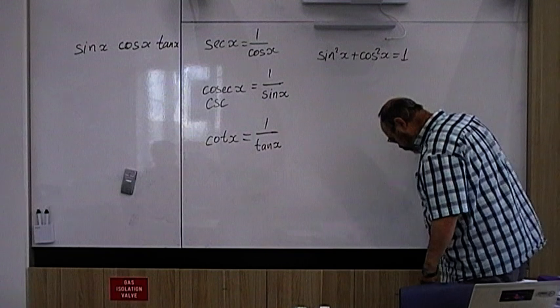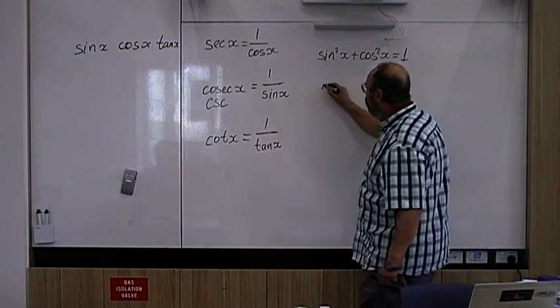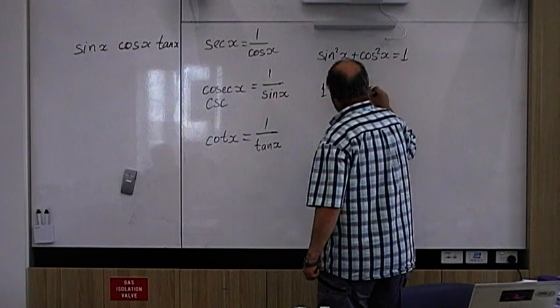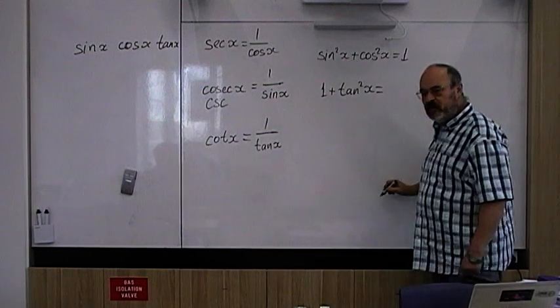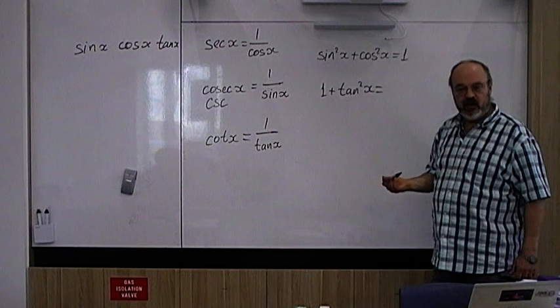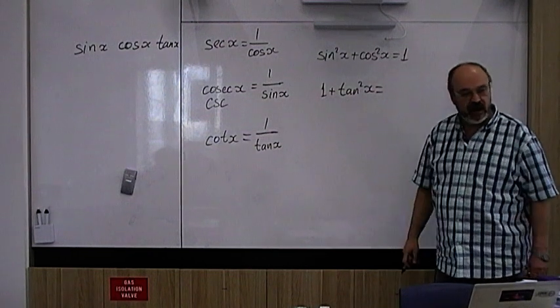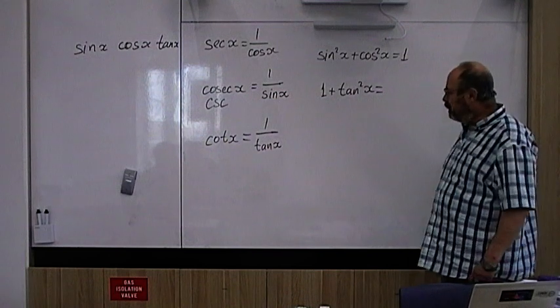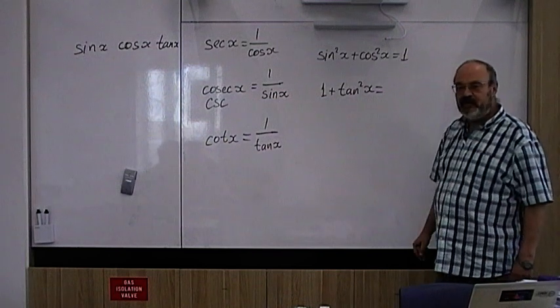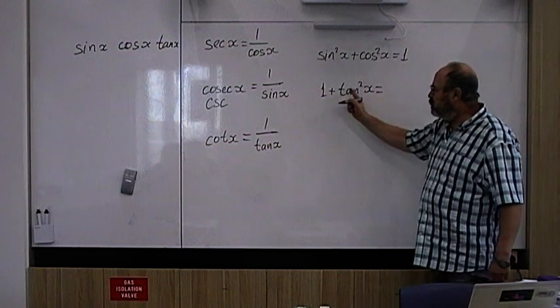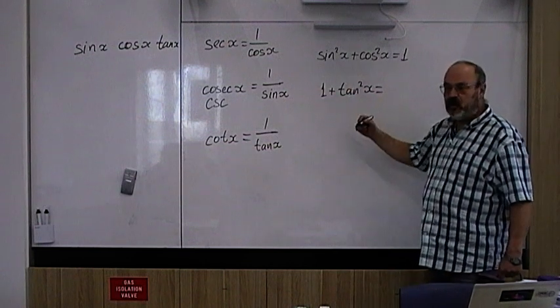Now, let's consider the second identity. Let's do 1 plus tan squared x. What will it be equal to? Tan is sine over cos. So if we substitute and bring to the common denominator, tan squared is sine squared over cos squared.